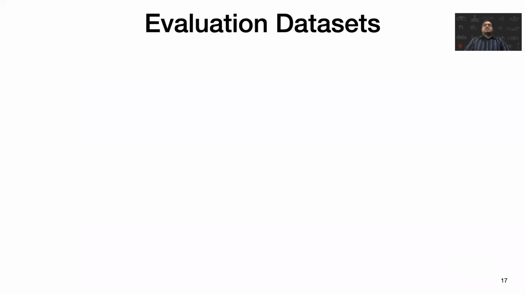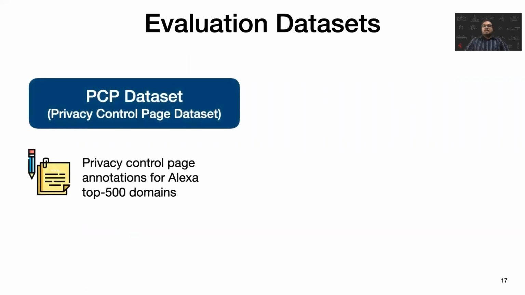Now we describe the evaluation datasets used for evaluating PriceSec. The first dataset is the privacy control page dataset, in which we manually annotated the top 500 websites from Alexa for their settings pages. After removing the non-English sites and the sites from the training set, we get a total of 100 control pages from 58 domains.